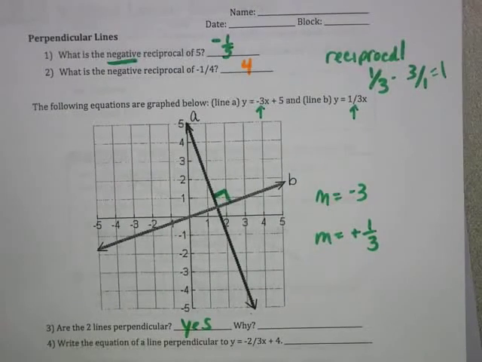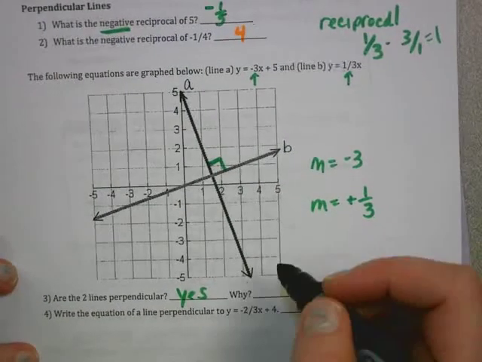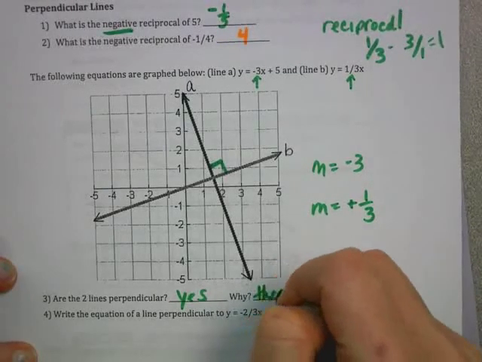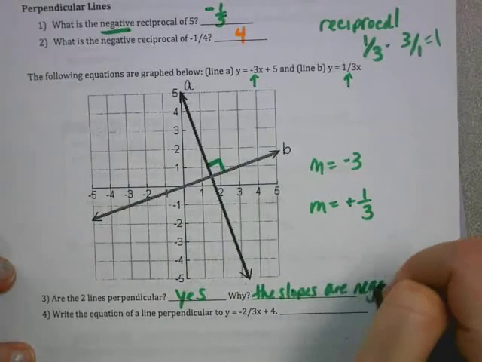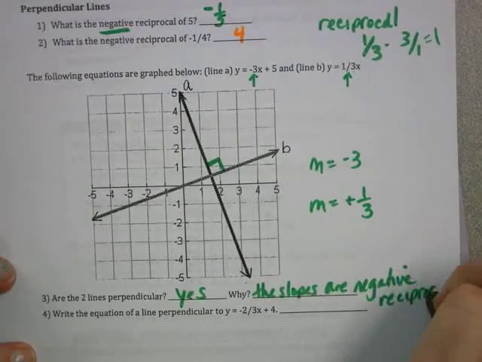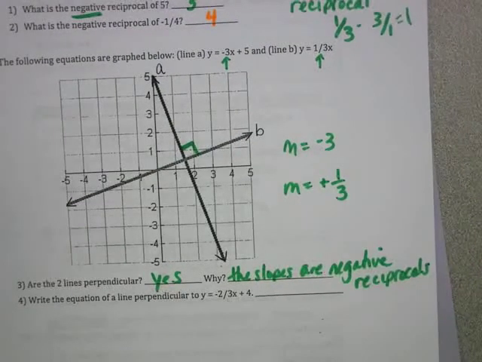So that means the lines are going to be perpendicular. So are the two lines perpendicular? Yes, because the slopes are negative reciprocals. That's why they're perpendicular.